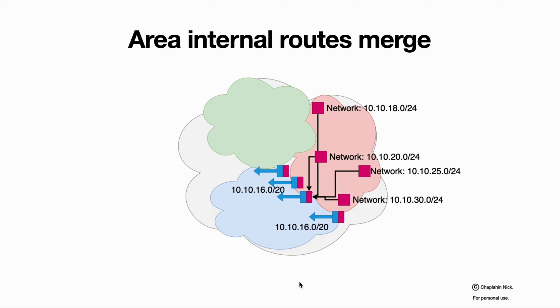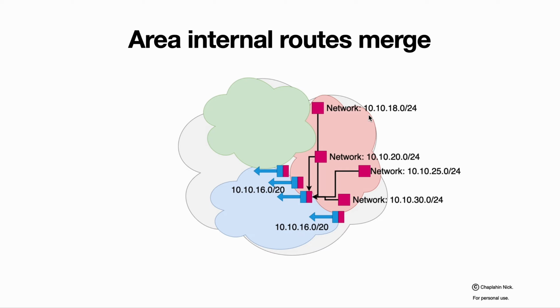What does it mean? It means that if we have a possibility to merge networks that are part of our area into a single network with the shortest prefix, it will be done.